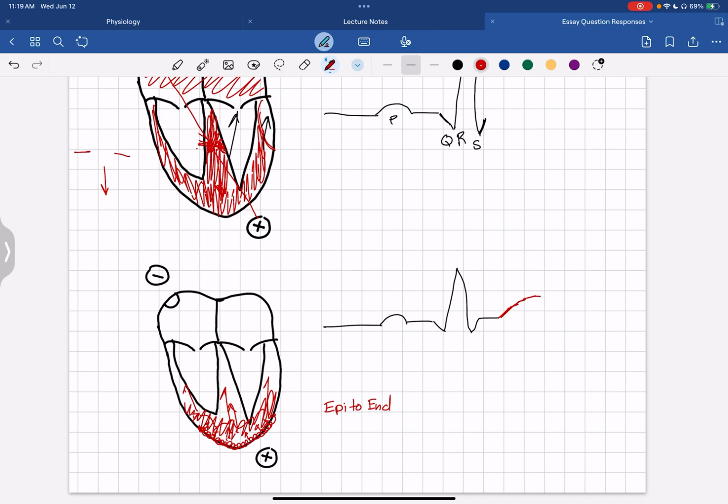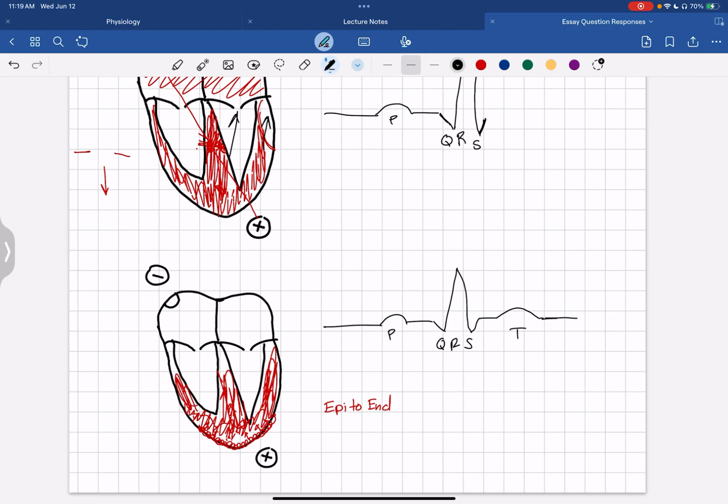Then as it fills in, there's less net force as it gets more repolarized, and it's going to continue back down. As I draw this in black really quick, we get this little upward tick, which will be our T wave.